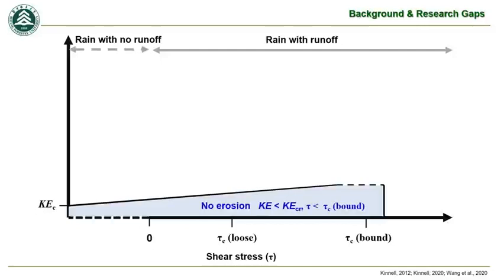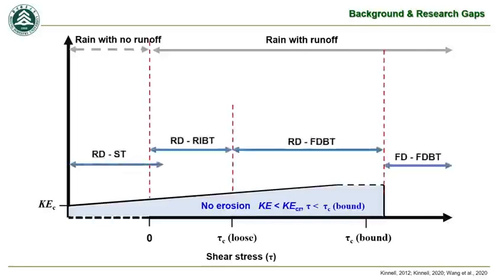In flows without raindrop impact, flows must exceed a critical flow condition, below which no detachment by flow occurs. However, raindrop-impacted flows, less than about 3 drop diameters deep, can detach soil particles when the critical flow condition has not been exceeded.